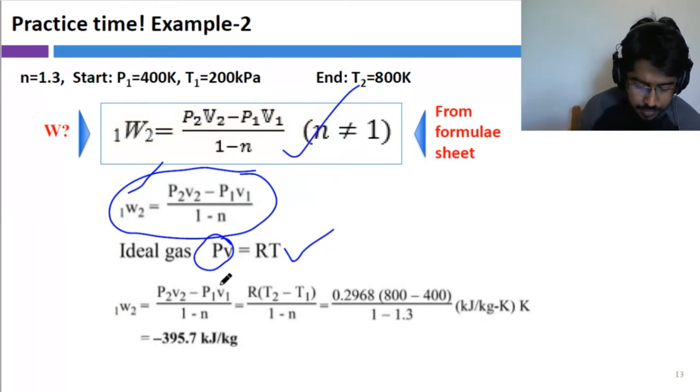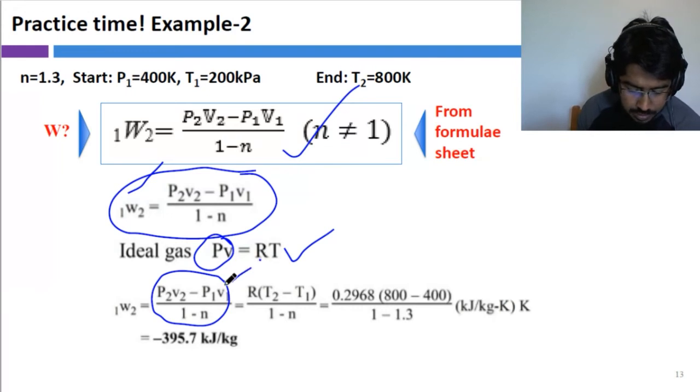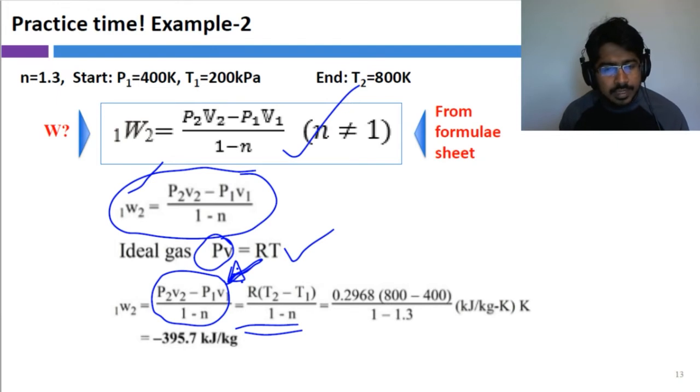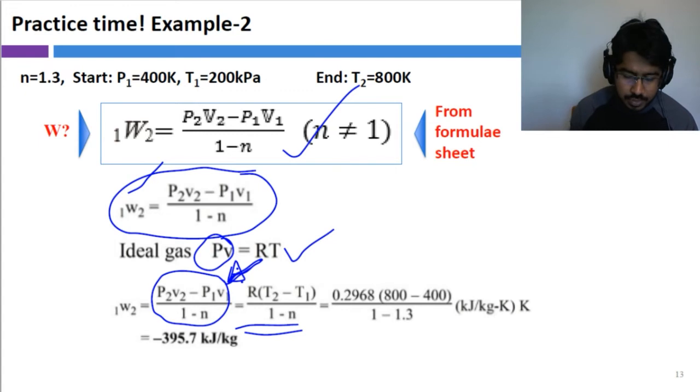Therefore, we can substitute these PV expressions using this equation, and we can arrive at this expression. R T2 minus R T1 over 1 minus n is the work of this given process. So you substitute and you arrive at your final values.